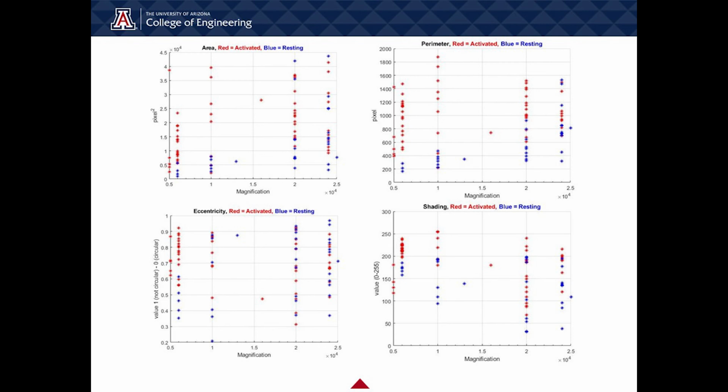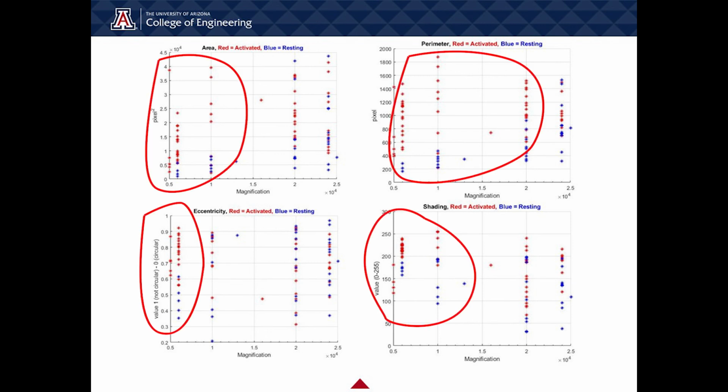Now these 4 graphs prove our design does work, as you can see a distinguishable difference between activated and resting platelets, which is the main goal. Now we have another method to determine activation other than visually identifying it.